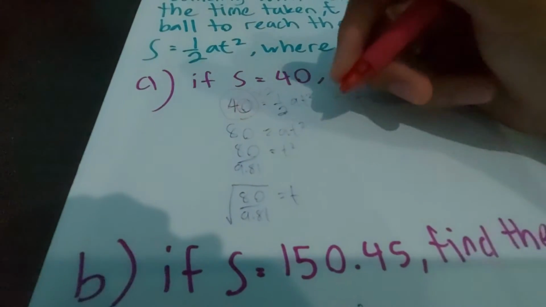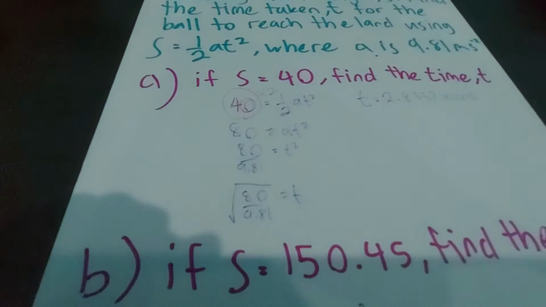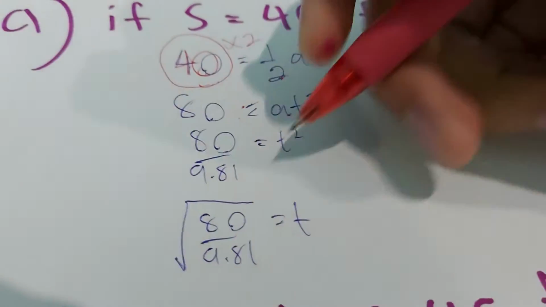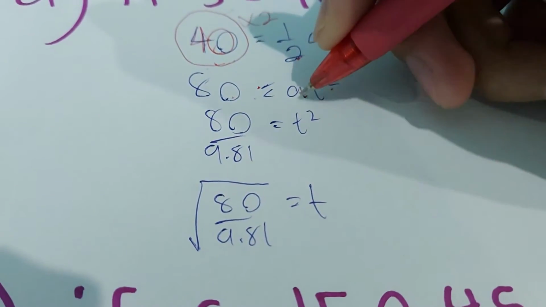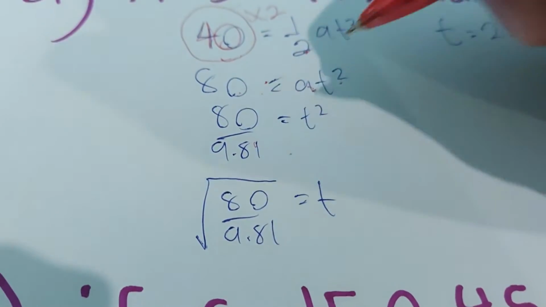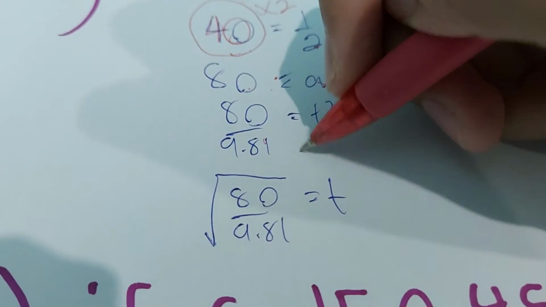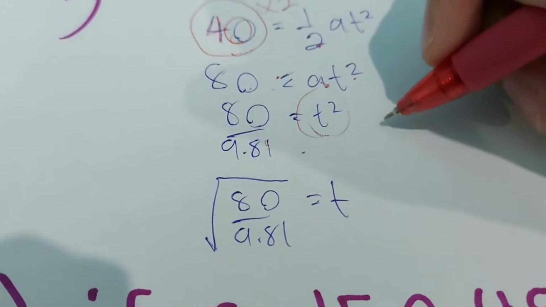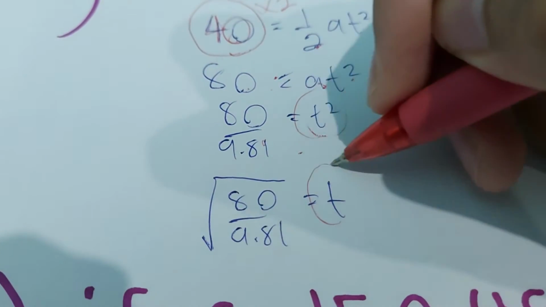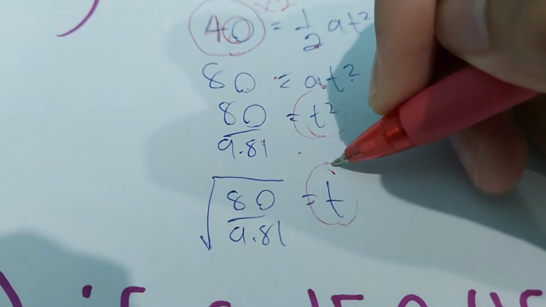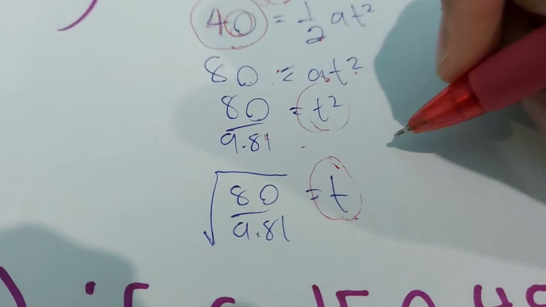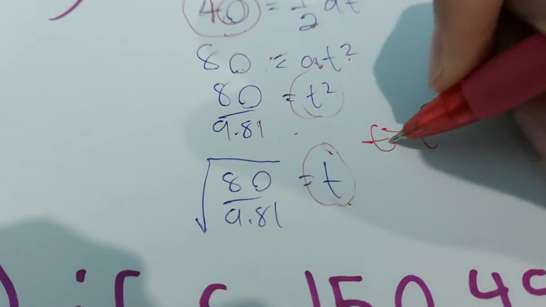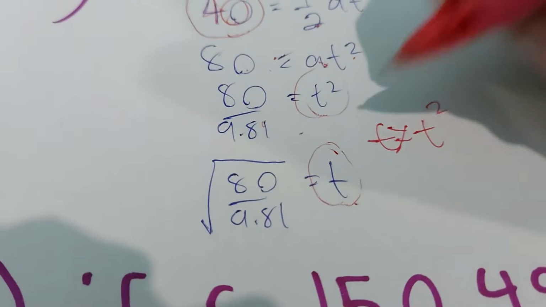Then we need to find T, remember? So 80 needs to be divided by a, which is 9.81, and we still have T squared here. But the question only asks us to find T, not T squared.